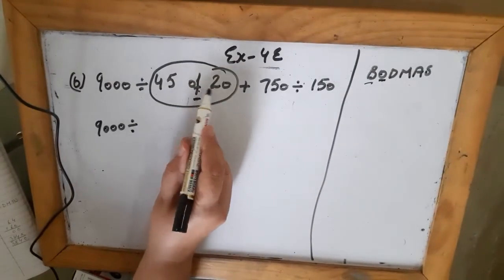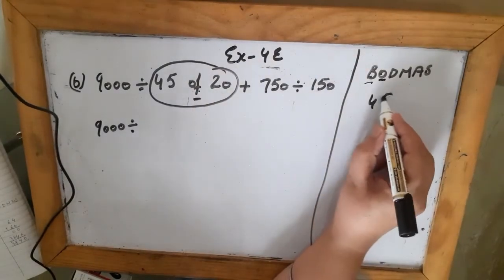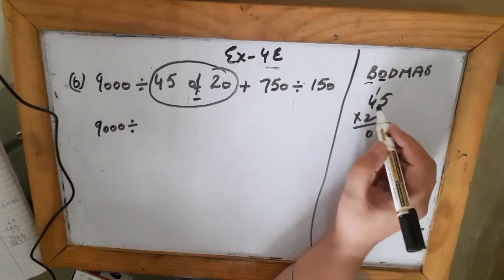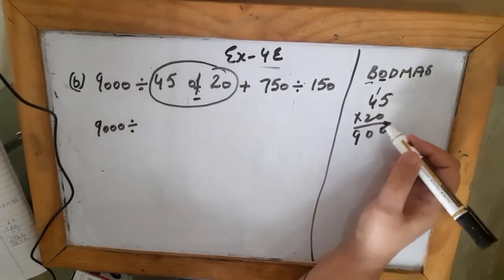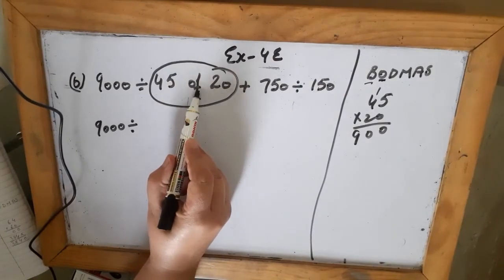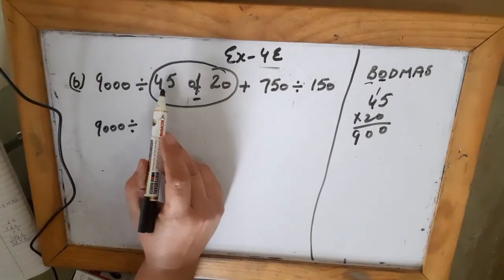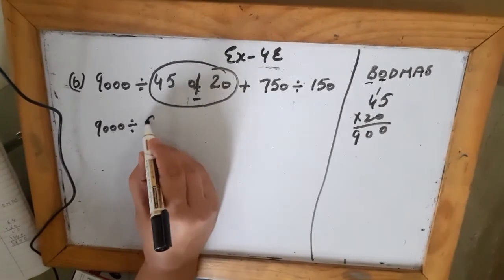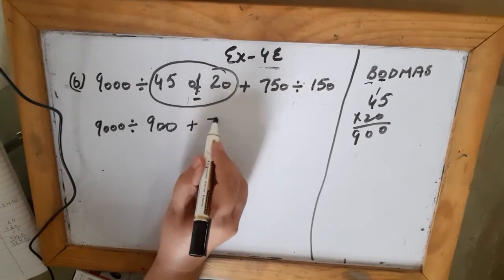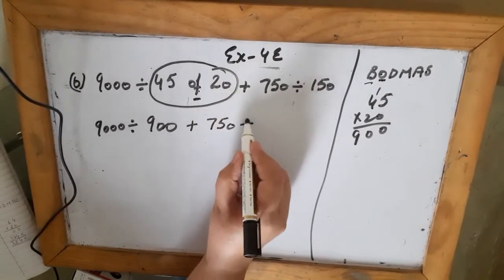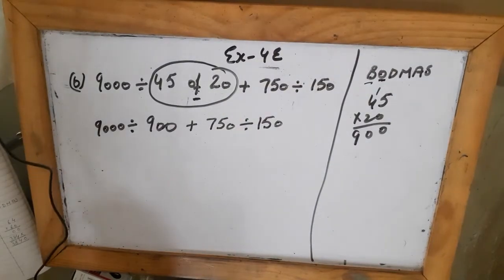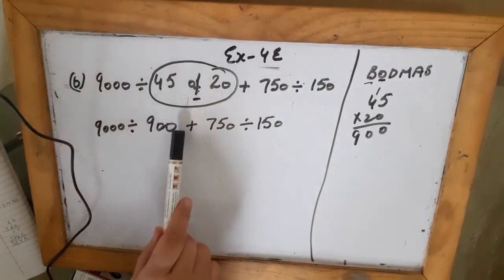So 45 multiplied by 20 becomes 900. So you have to multiply 45 and 20 and you will get the answer 900, and the rest of this will remain the same. Try to solve only one single operation in a single step. Okay, now I have solved of first.